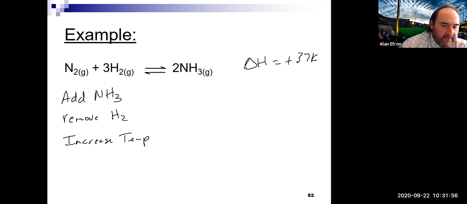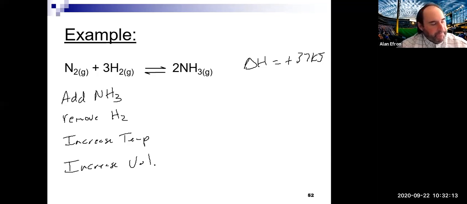That is nowhere near the right answer. We'll go with increase the volume. So see what you come up with here. Will this shift to the right, left, or no change?